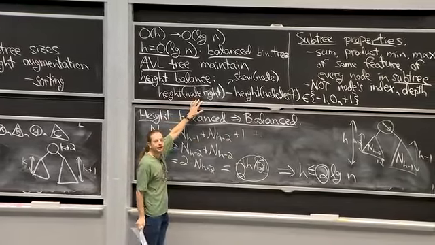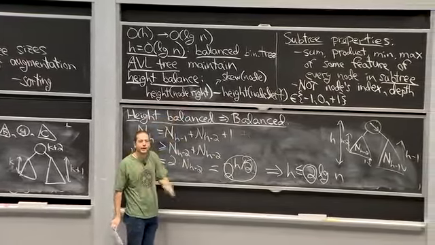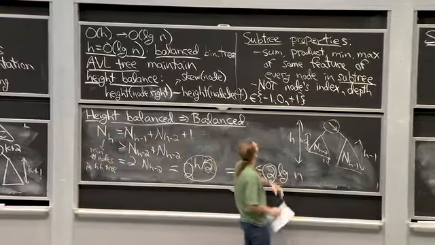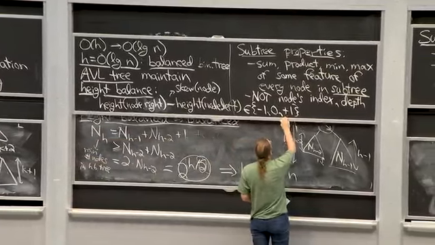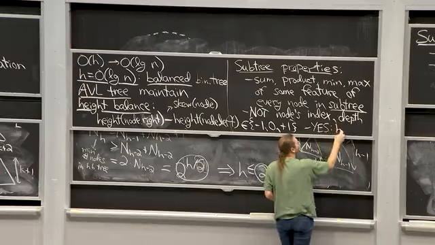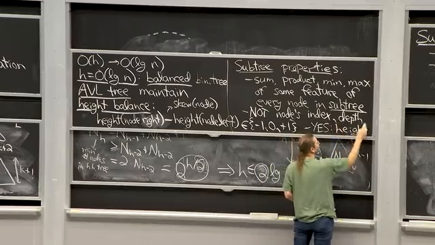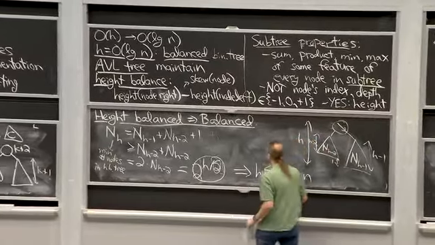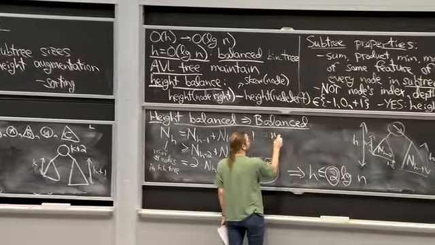That, in general, takes linear time because I have to look at all the downward paths, all the leaves within that subtree. But height is a subtree property. So yes, height. Why? Because, let me just write it here.